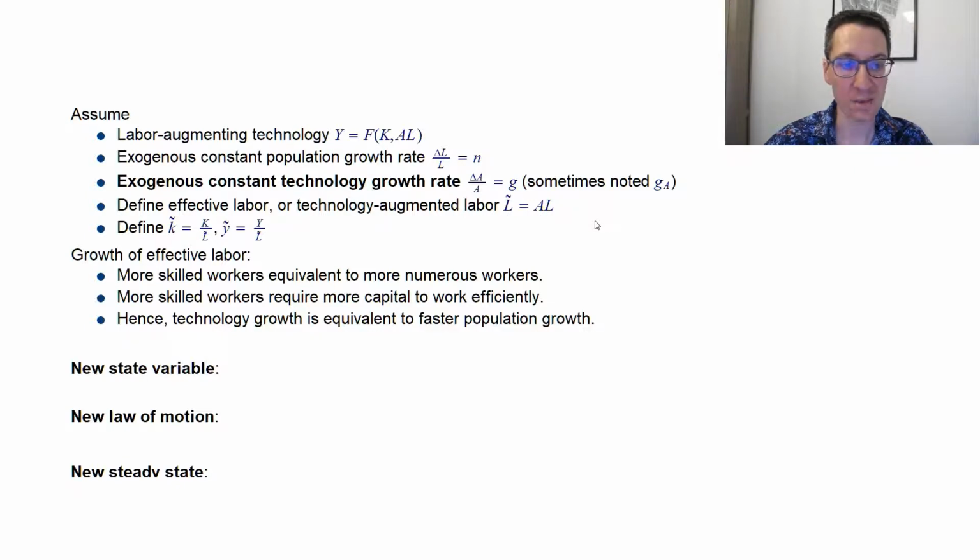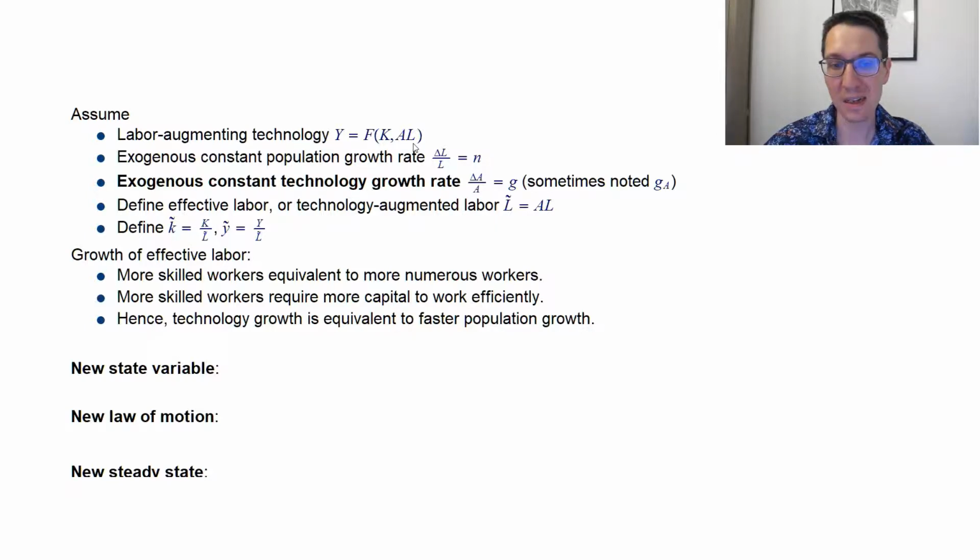And now let's define the new concept, which is the technology augmented labor. Why do we do that? Well, look at what we have done. In a sense, we have exactly the same model as we used to have. It's just that before we had only L and now we have only AL. So the trick here is just a matter of definition.